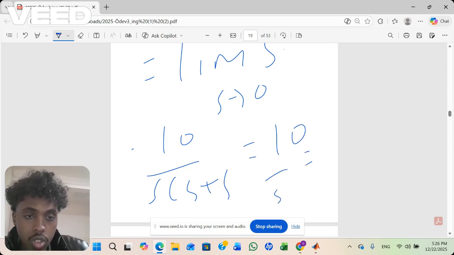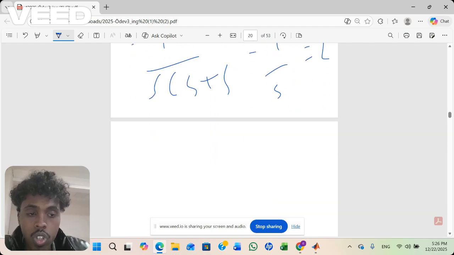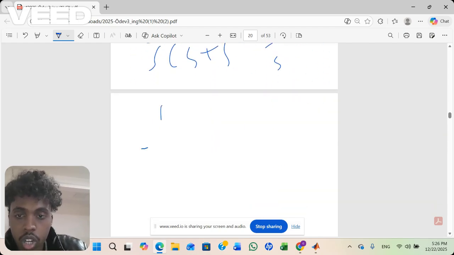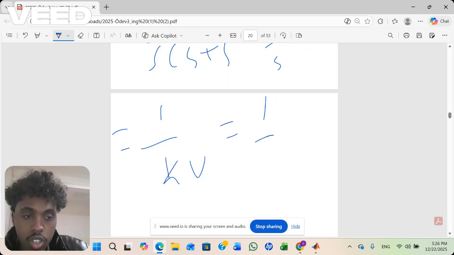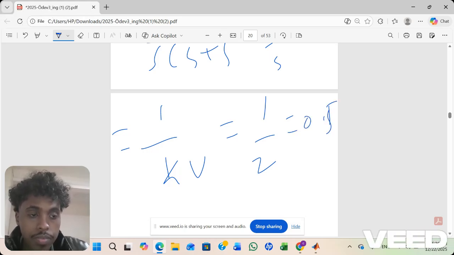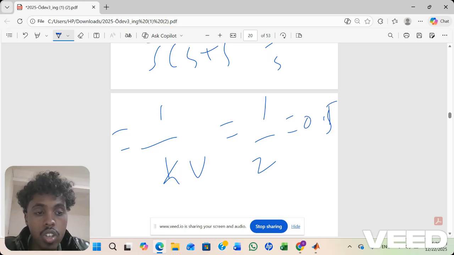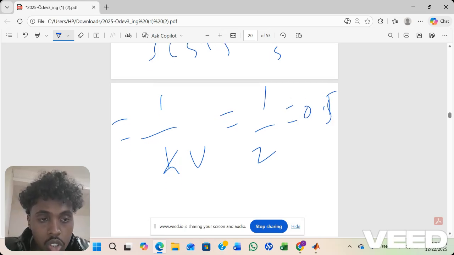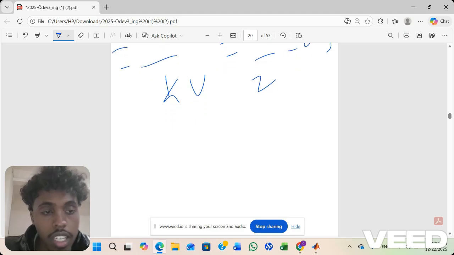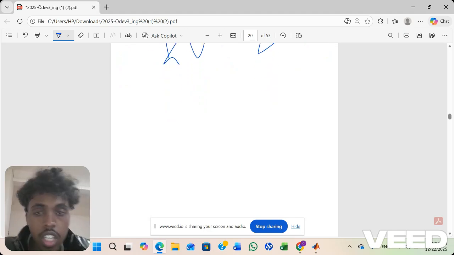Here is 2, so the error is 1 over Kv, which is 1 over 2, equal to 0.5.